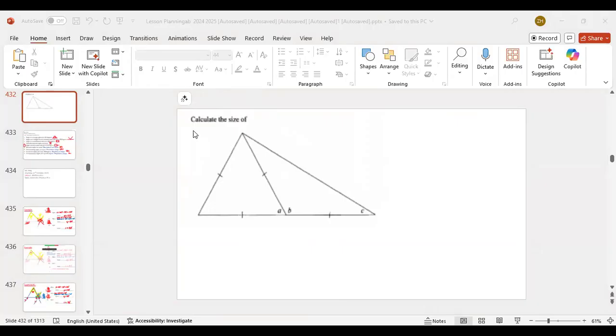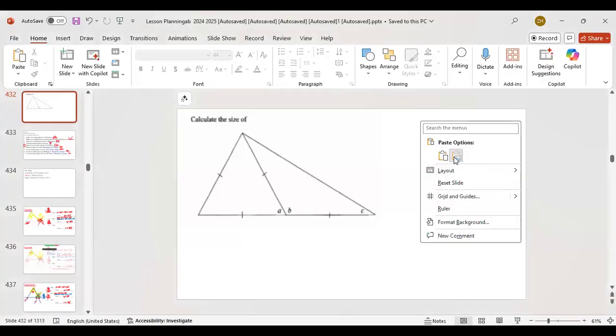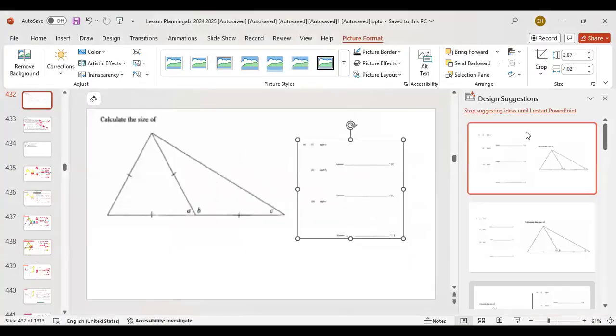All right. So you want to calculate the size of A, B, and C. Let me put the rest of this stuff here. So we calculate the size of A, B, and C. That's our work. One is isosceles and the other is equilateral.